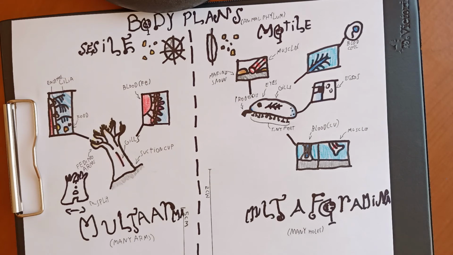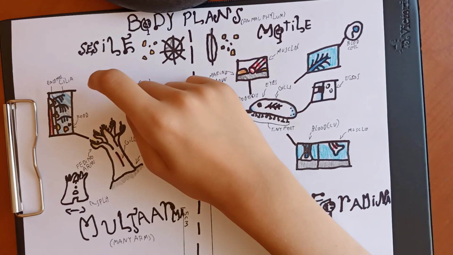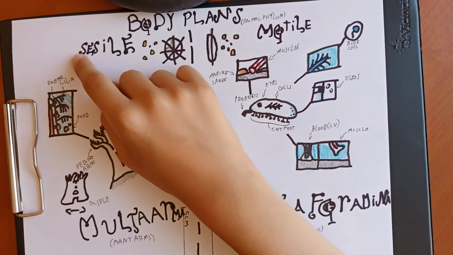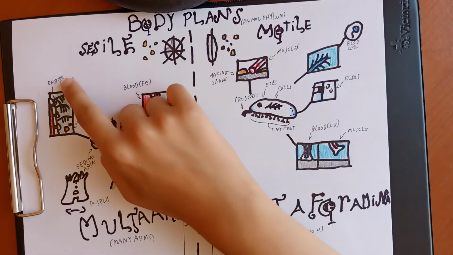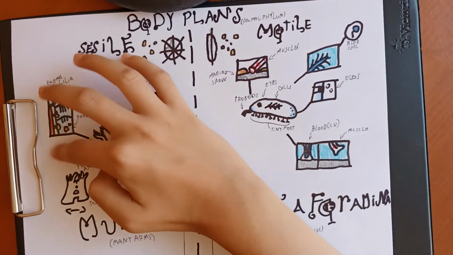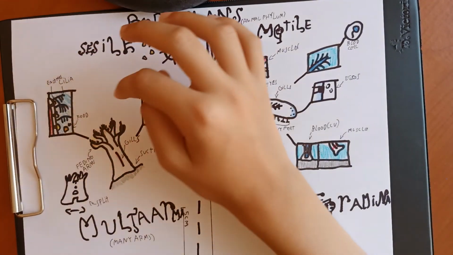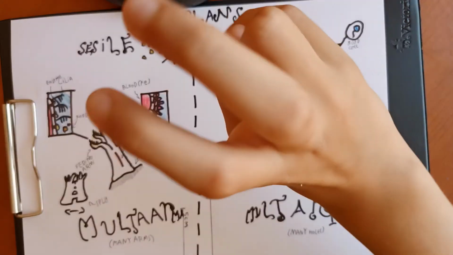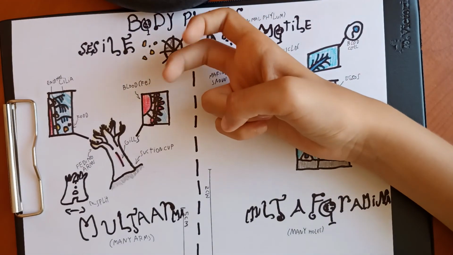This animal would also be able to contract these blood tubes, an extension of the heart.